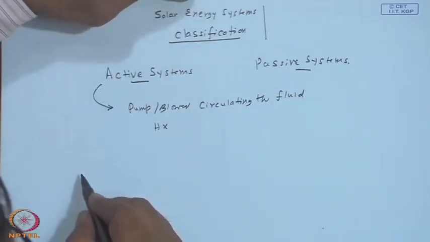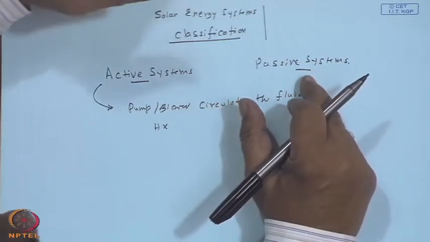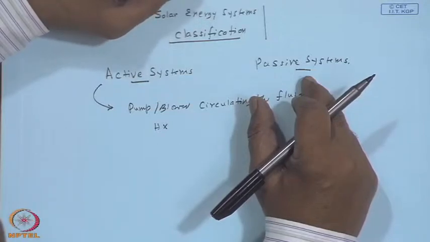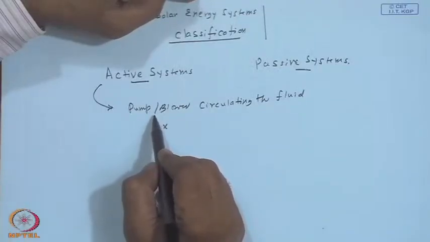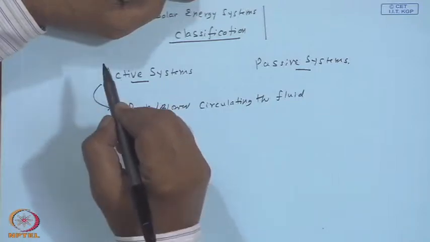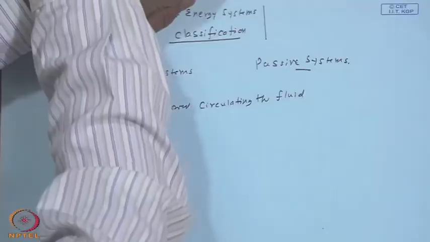But this is not to say one cannot have a counterpart passive system like a greenhouse, which we will deal with a little later, which may have a small fan to exhaust the hot humid air. So, that is not an active system. Similarly, if there is no pump and it is being circulated by thermosiphon action, still it may be considered a flat plate collector system, an active system.